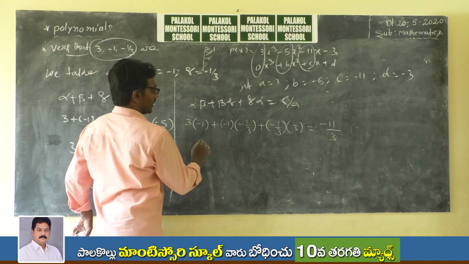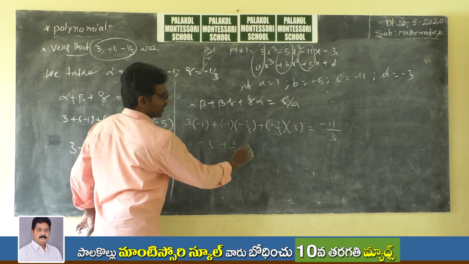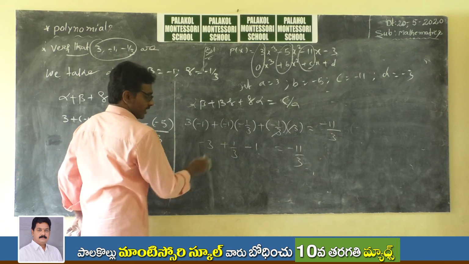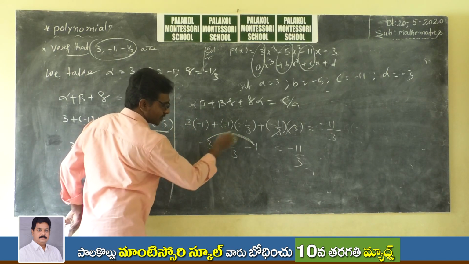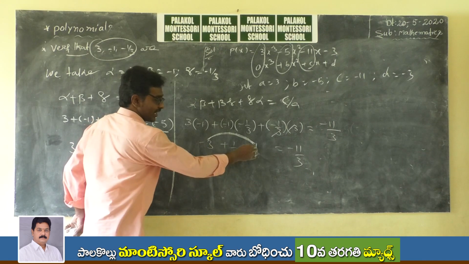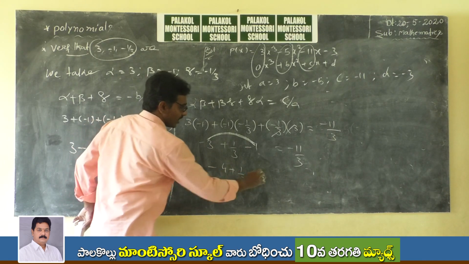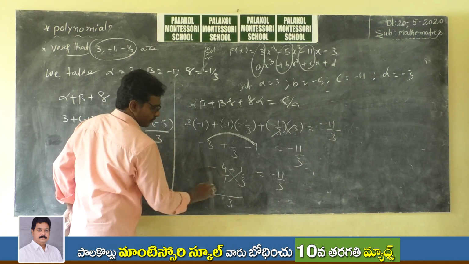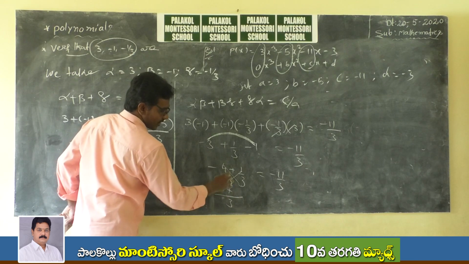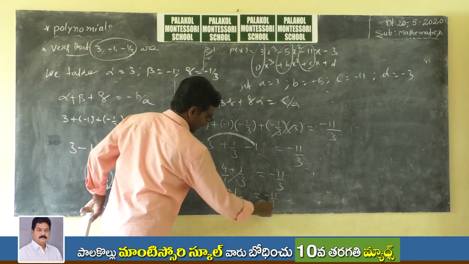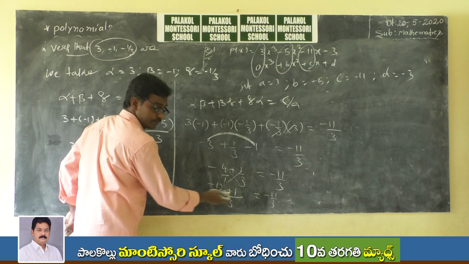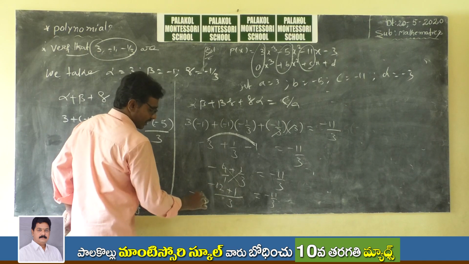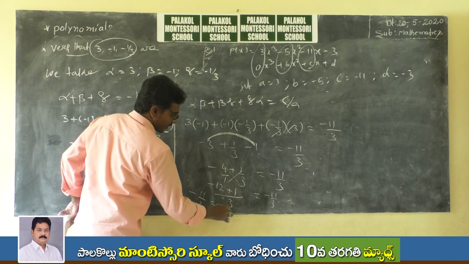This gives minus 3 plus 1 by 3 minus 1, equal to minus 11 by 3. Minus 3 minus 1 is minus 4, plus 1 by 3, equal to minus 11 by 3. Taking LCM 3: minus 4 into 3 is minus 12, plus 1, gives minus 11 by 3, equal to minus 11 by 3.